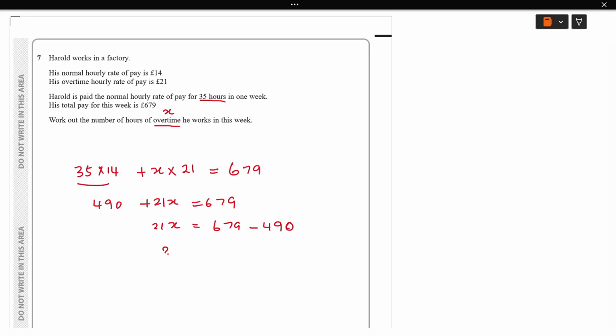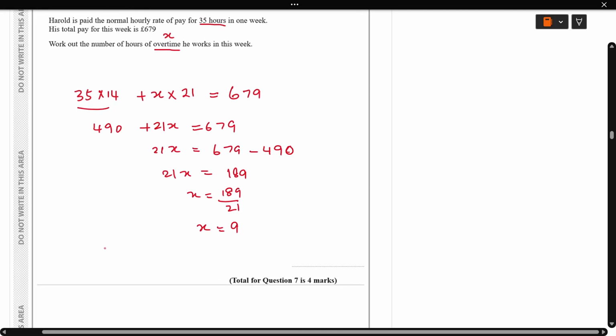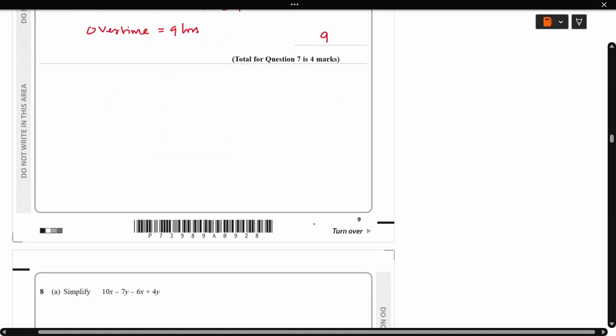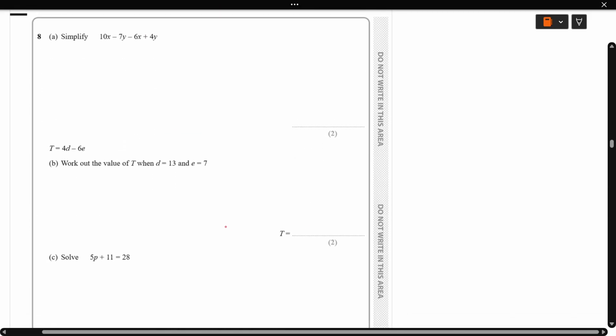So the next line, 21x equals 189. x equals 189 over 21, x equals 9. So overtime equals 9 hours. Yeah, the answer is 9. Next question, question 8.